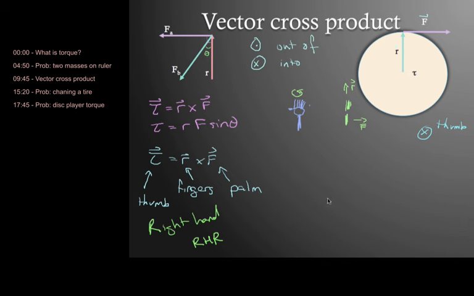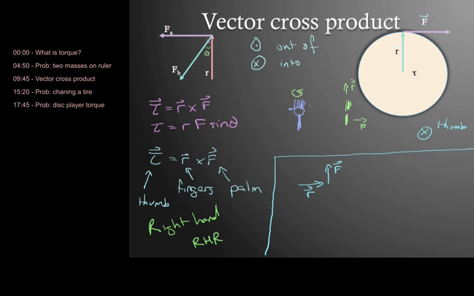So we could try that one more time with this example right here. So what we'd like to do now is say, what if we have R going this way, and now we have F going up?